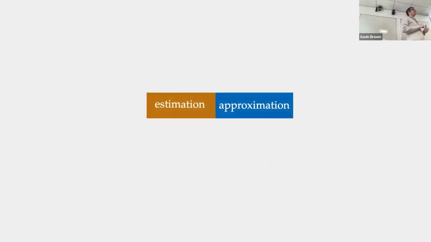The approximation estimation decomposition. So this again is a breakdown of the performance of a model. And this comes from the learning theory literature, computational learning theory, and it says that the performance of any model can be broken down into a component of the error that is due to the choice of model and a component that is due to limited data.